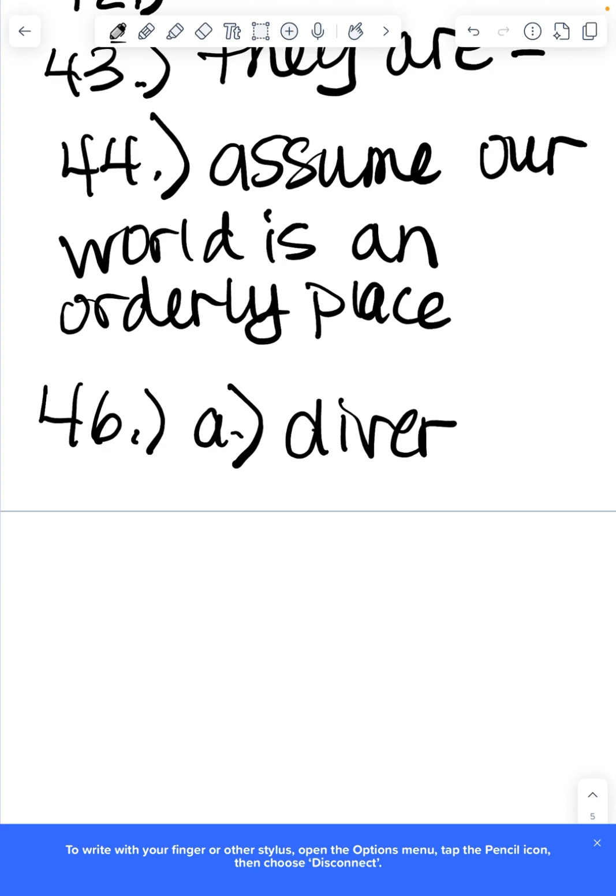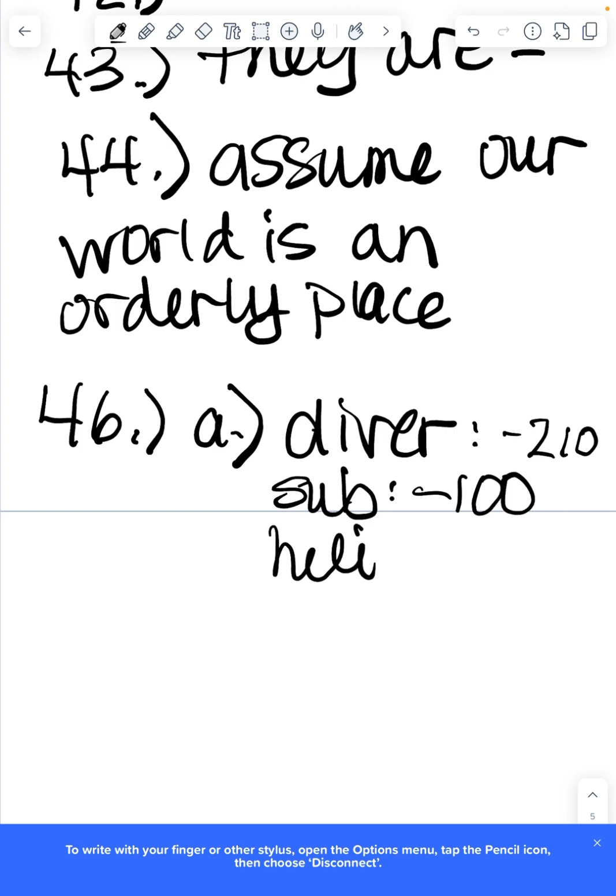The diver is at negative 210. The submarine is negative 100. And the helicopter, they told us, was at 260. Letter B, which of these objects is closest to the surface?